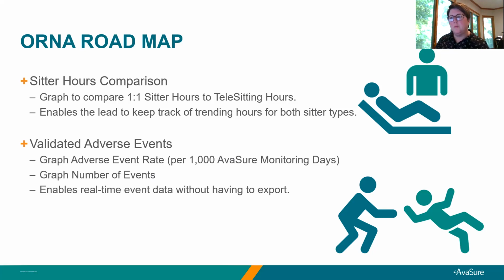So program leads will be able to validate those adverse events in the software, and then we'll be able to graph them in ORNA. We'll graph them as a rate per AvaSure monitoring days, and also just the number of events. This is going to be a huge time saver, I think, for a lot of people at the site, so you won't have to export this every month.